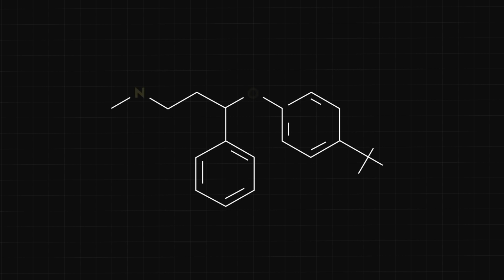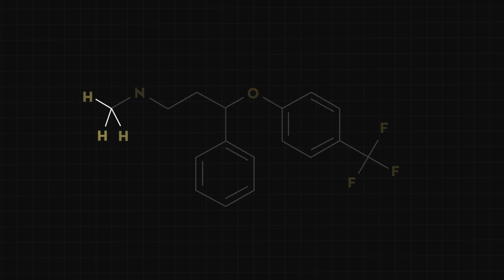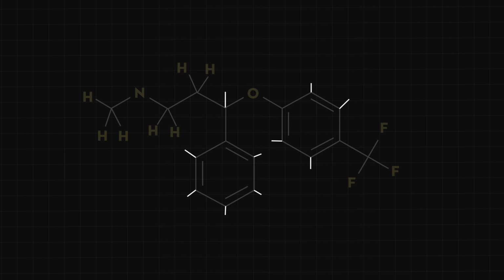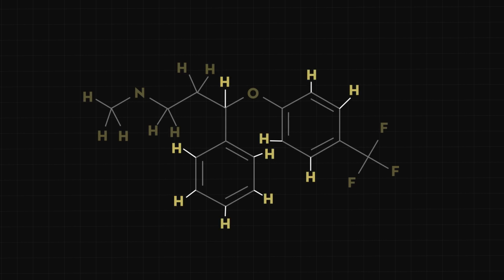Let's start with the carbons and add single bonds of hydrogen until each carbon has 4 bonds. This carbon shows only 1 bond, so it gets 3 hydrogens. This carbon only has 2 bonds shown, so they get 2 hydrogens each. These carbons only have 3 bonds shown, so they get 1 hydrogen each.